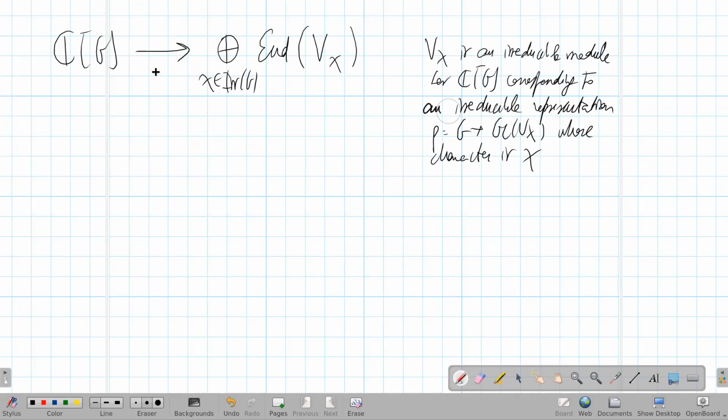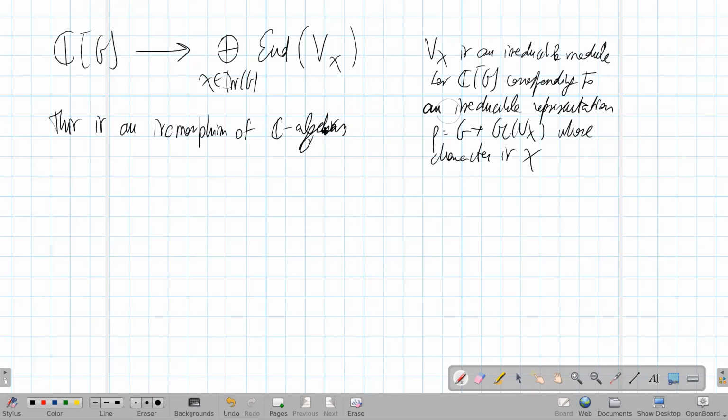So we had seen this isomorphism, and in particular this is an isomorphism of algebras. Of C algebras. I usually say just algebras because I think all our algebras are over the complex numbers.